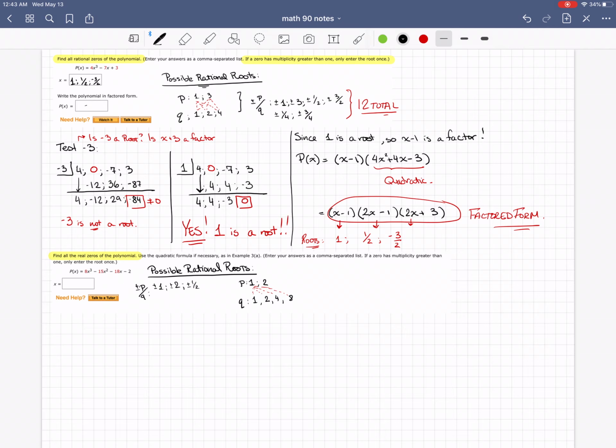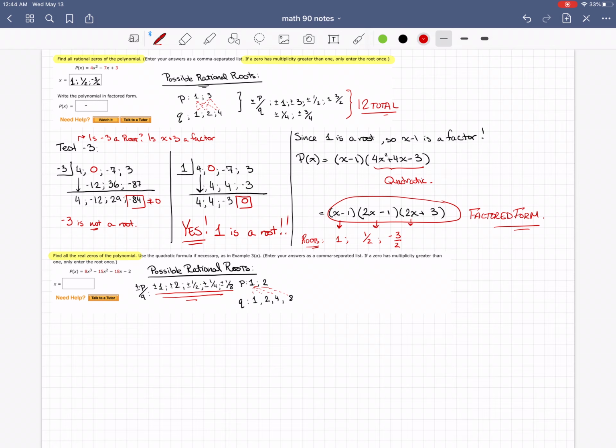Then 2 divided by 2, well, that's just 1 again, so I don't need to write it a second time. Then I have 1 over 4. 2 over 4, that's just a half, so I don't need to write it again. And then lastly, looking at the 8, I have plus or minus 1 over 8. 2 over 8, well, that's just a quarter, so I don't need to write it again. So it looked like there were going to be lots of options for a second there, but it turns out there's not that many. There's a little bit fewer than we thought there would be.